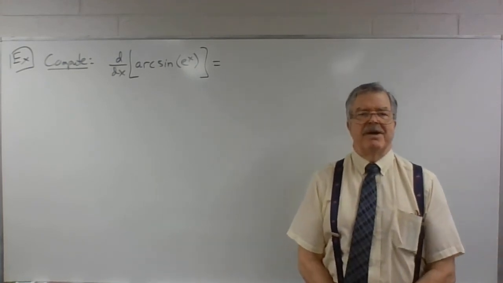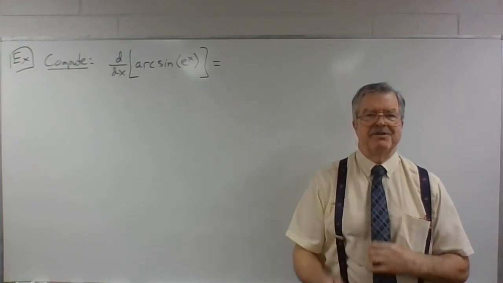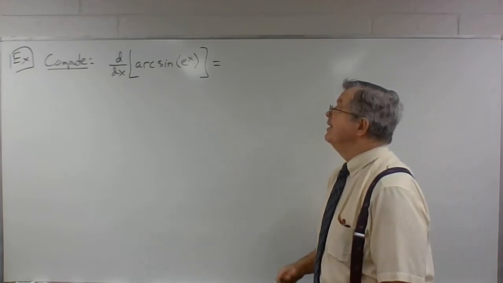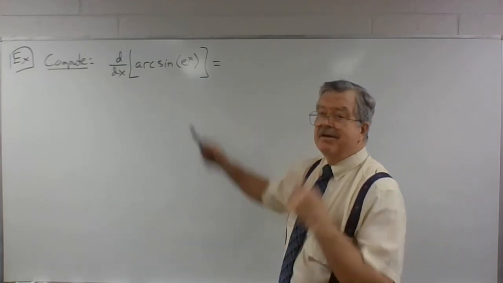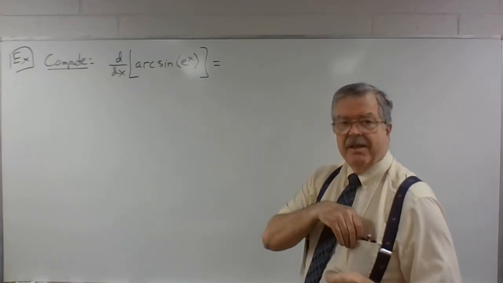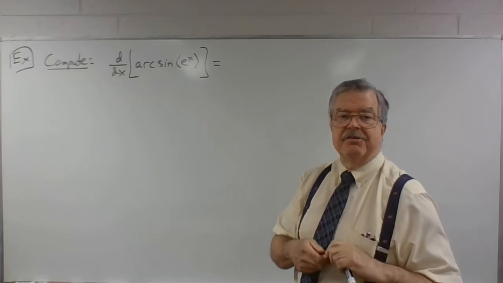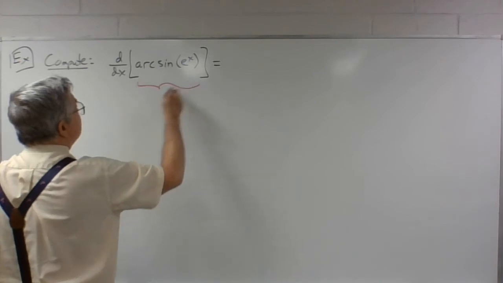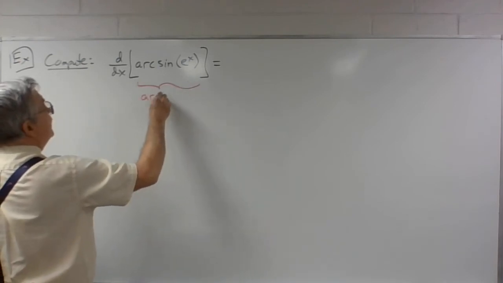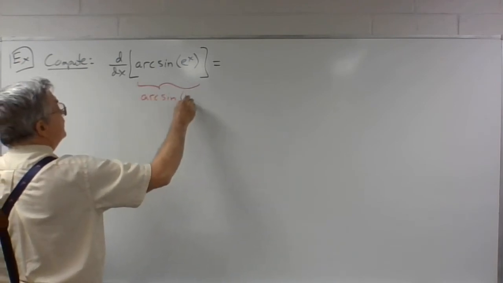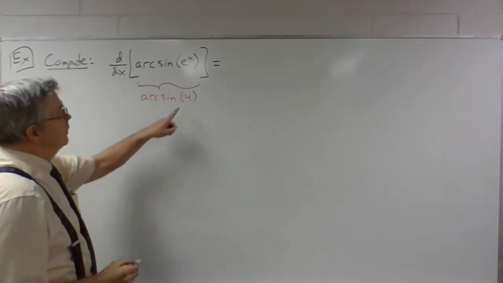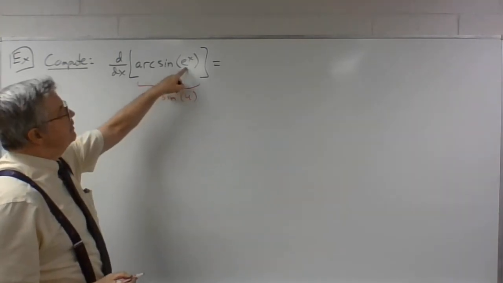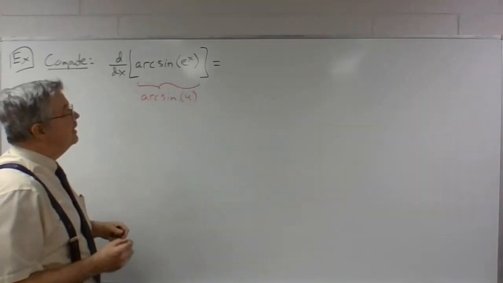Let's get down to brass tacks now and do some good examples. Derivative of arc sine of e to the x. Let's recognize what this really is. It's the derivative of arc sine of u, where u happens to be equal to e to the x.